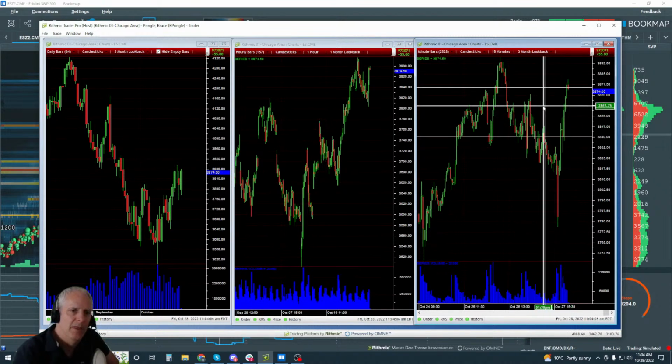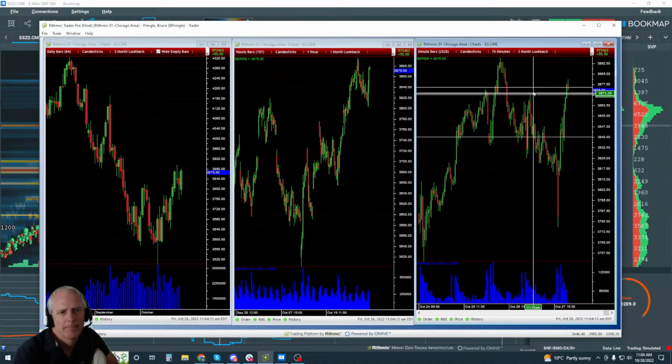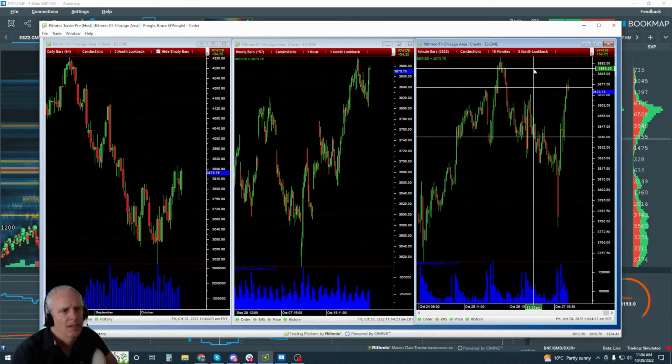Then we're looking for up into these areas, 60, 65-ish. It went through all of that and went up into 80 here. Still bullish. It's still a bullish move altogether. We're getting a bit of a pullback now.